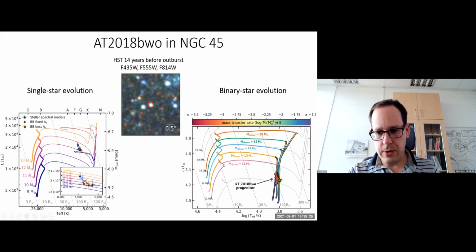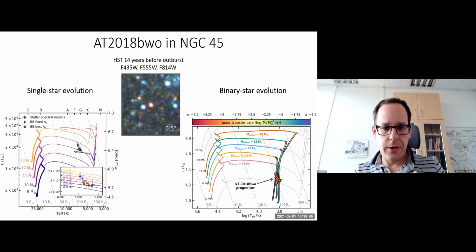It shows Jakub's binary evolution tracks. They initially resemble single stars, but when the mass transfer starts, all of these tracks turn down quite rapidly. And this is a typical signature of a thermal timescale mass transfer or mass loss from the primary, where internal energy and luminosity from the core is used for restructuring of the star instead of being radiated from the surface.